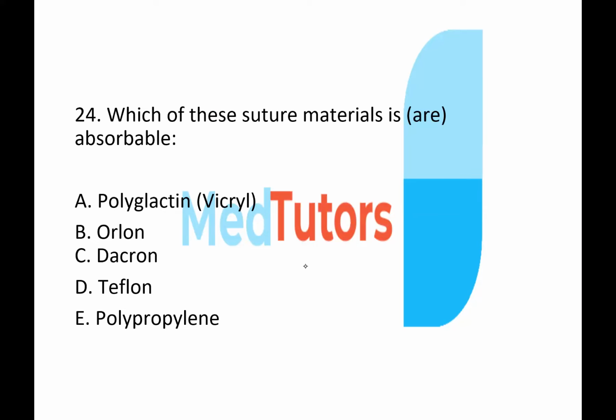Which of these suture materials is or are absorbable? I believe you know absorbable sutures. Polyglactin, that is Vicryl, is an absorbable suture. Nylon, Dacron, Teflon, polypropylene.